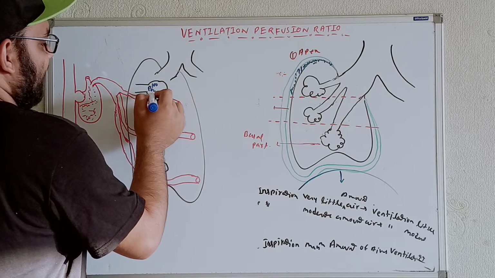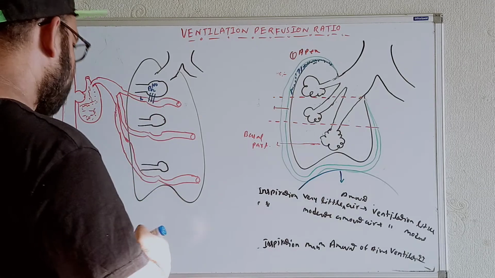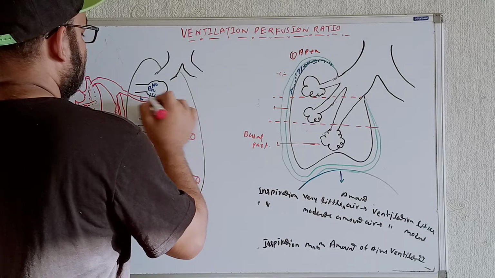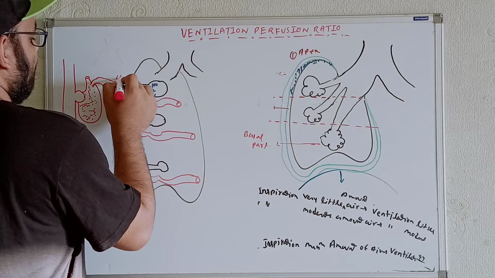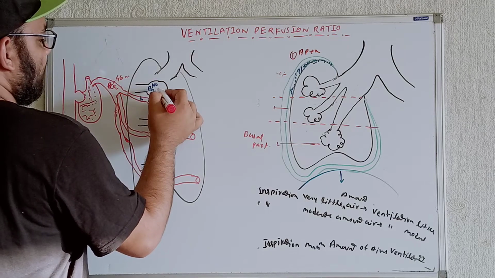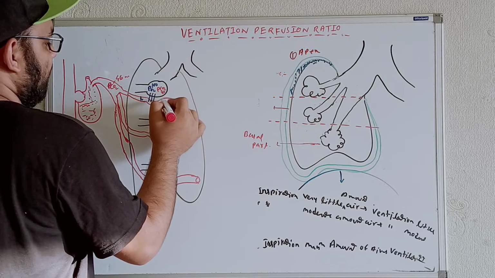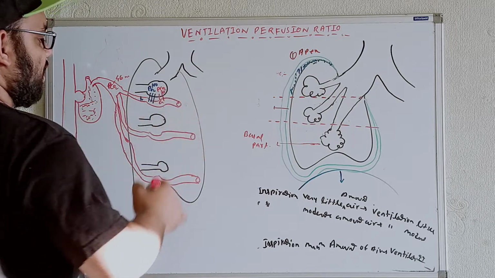And here it is less. As a result, we will see the oxygen will come over here. And in the same way, the partial pressure of the carbon dioxide before coming is around 46 mm of Hg. But here for the carbon dioxide it is around 40. So definitely the carbon dioxide will go from here to here in this way.